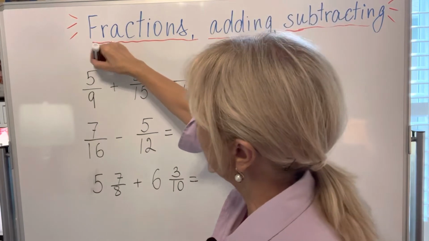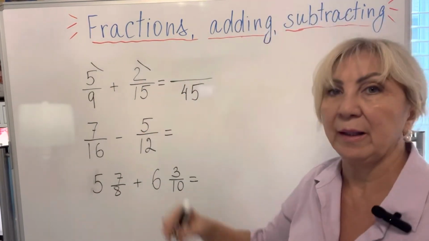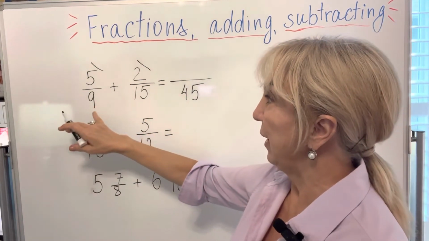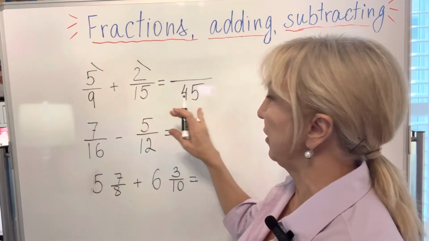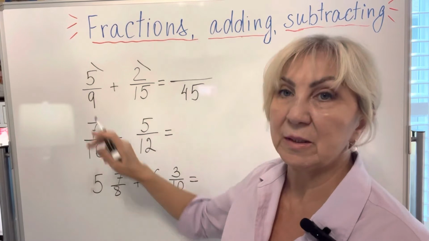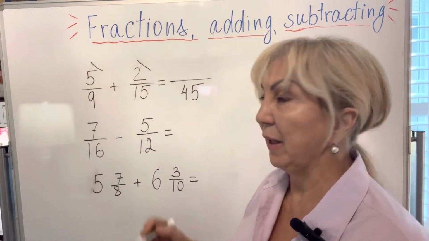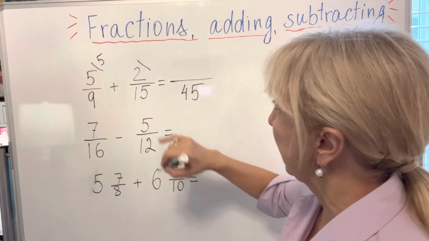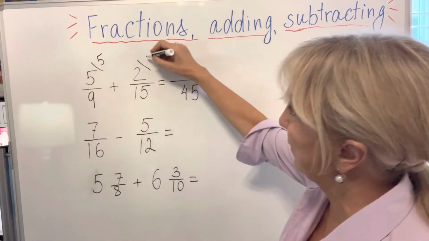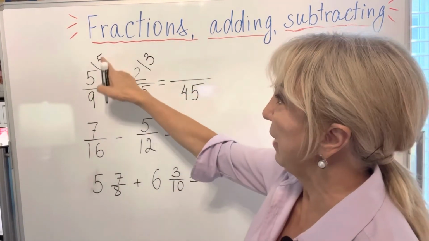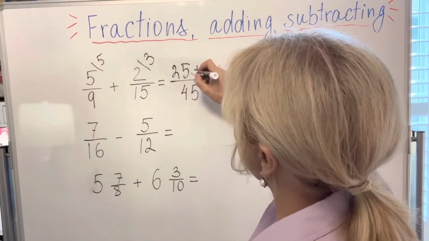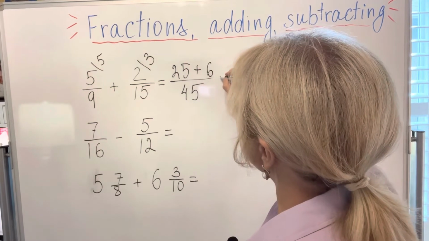Now we're going to work with the numerators. We have 9, we need 45, so we multiply the first fraction by 5. For 15, we need 45, so we multiply by 3. 5 times 5 is 25, plus 2 times 3, which is 6.